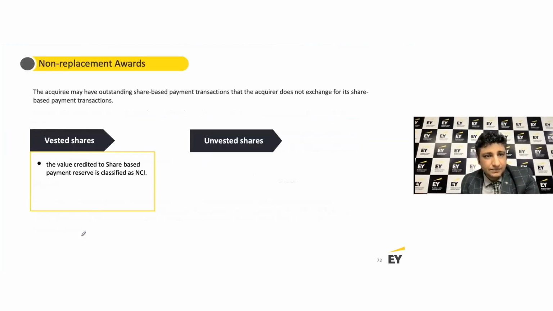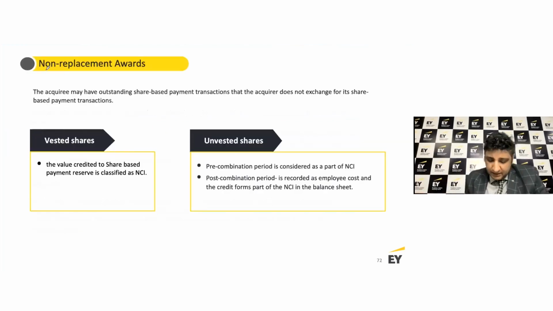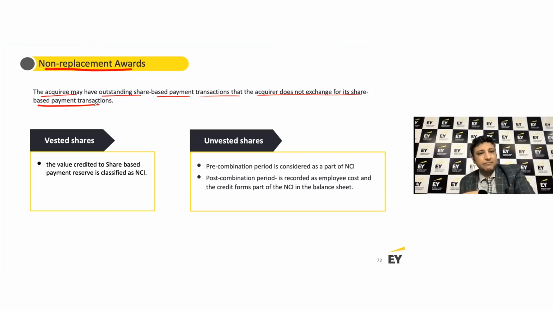Okay. Now, there could be, importantly, non-replacement awards as well, wherein, for example, the acquiree may have outstanding share-based payments which the acquirer does not exchange. Okay, so the existing employees may not be receiving anything from the acquirer, right? In that case, any vested shares would be credited to the non-controlling interest.